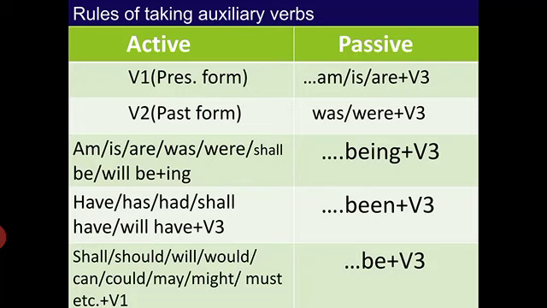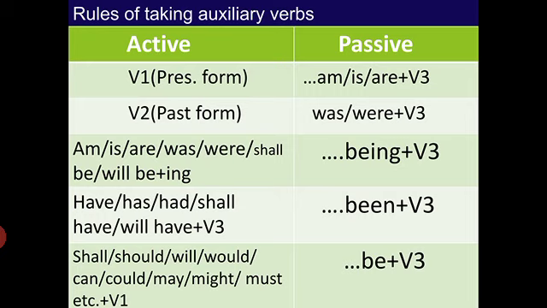Here is a magic chart for you, dear viewers. As I have said before, in active voice, if there is V1, you have to take am/is/are plus V3 in the passive voice.